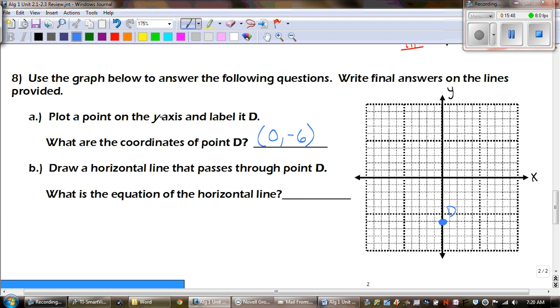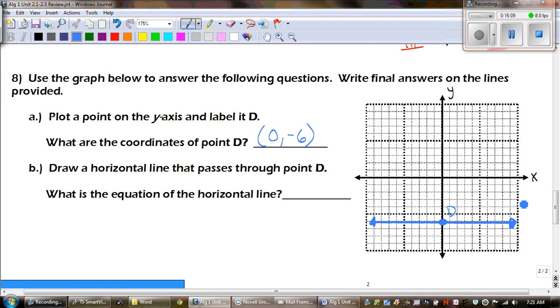Now it says to draw a horizontal line that goes through D. Okay, so horizontal, it's going to go straight across. And what is the equation?